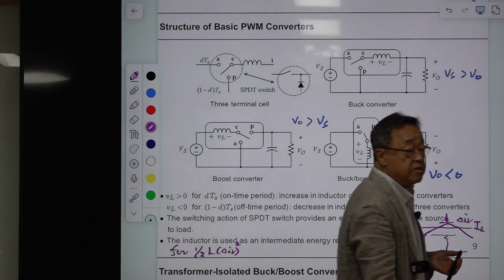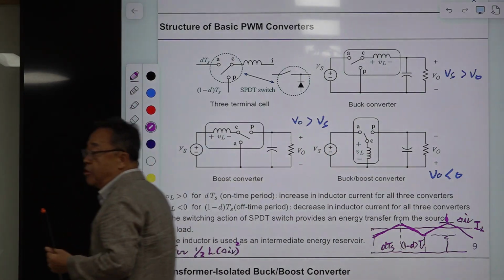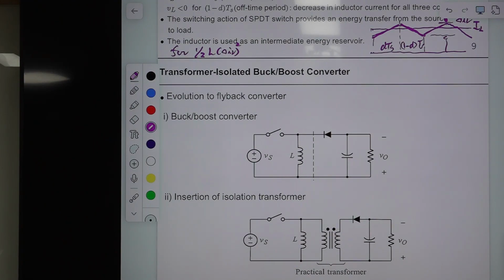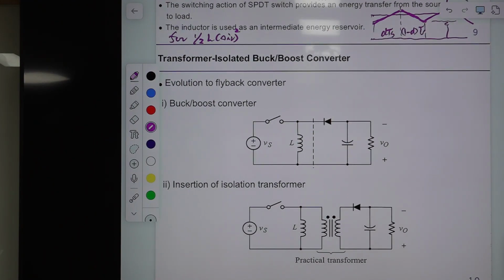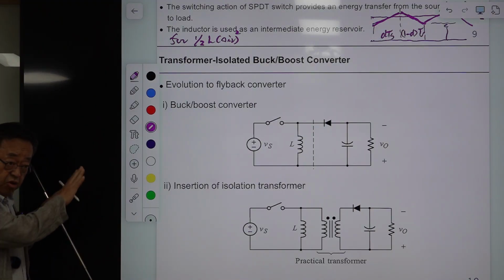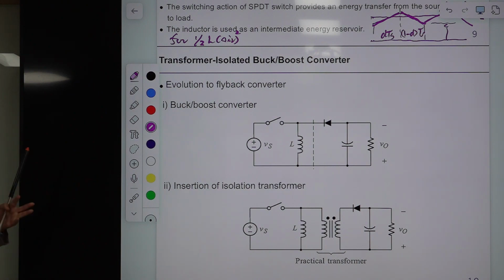All right. This one is the buck-boost converter. So we take the buck-boost converter, then we insert a transformer in between the input and the output, and we modify it a little bit. Then that becomes what?